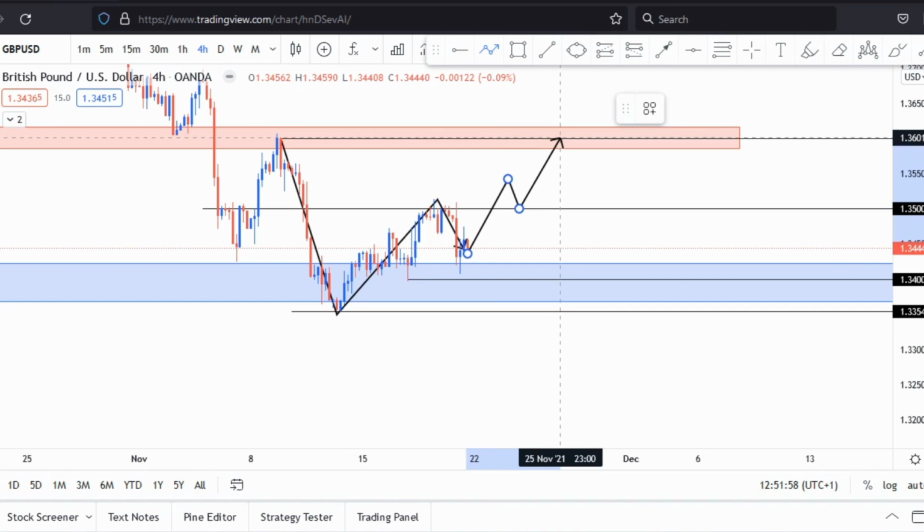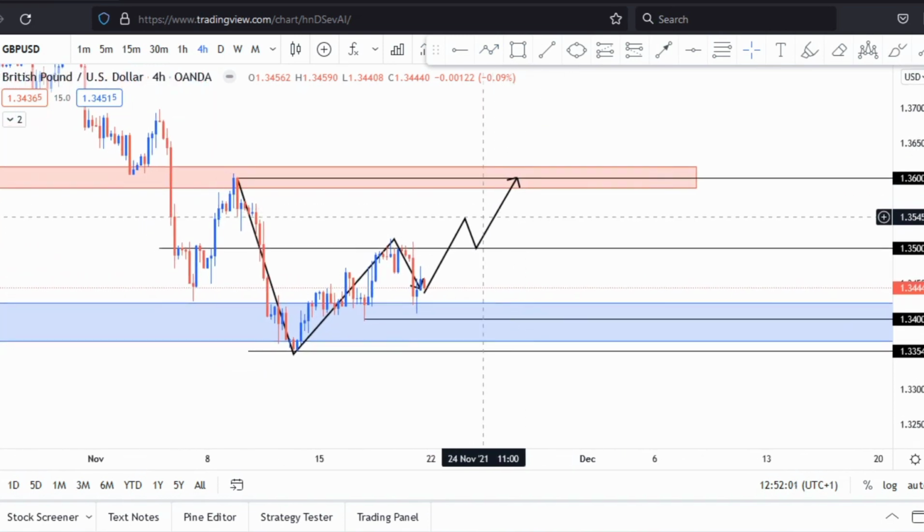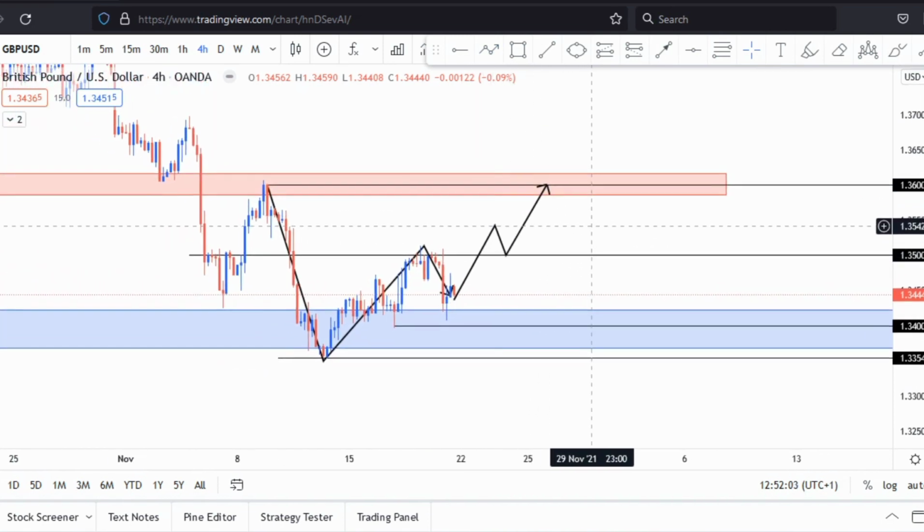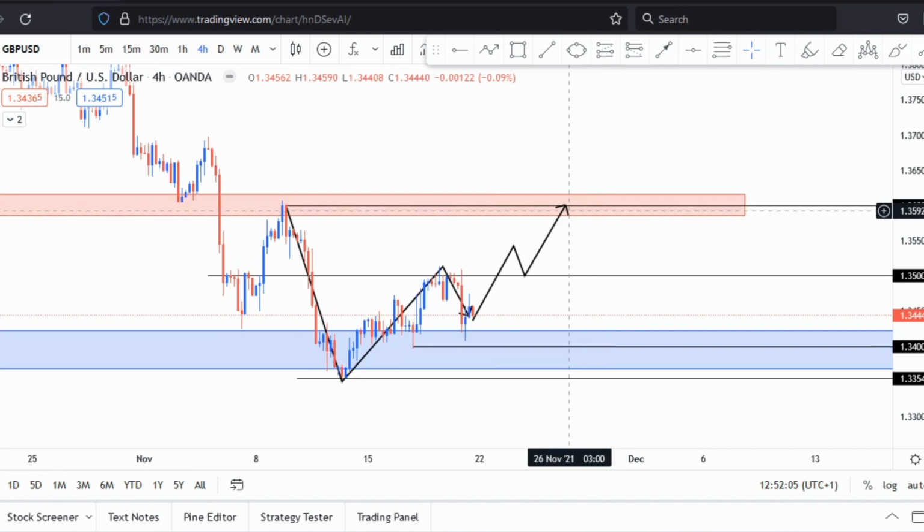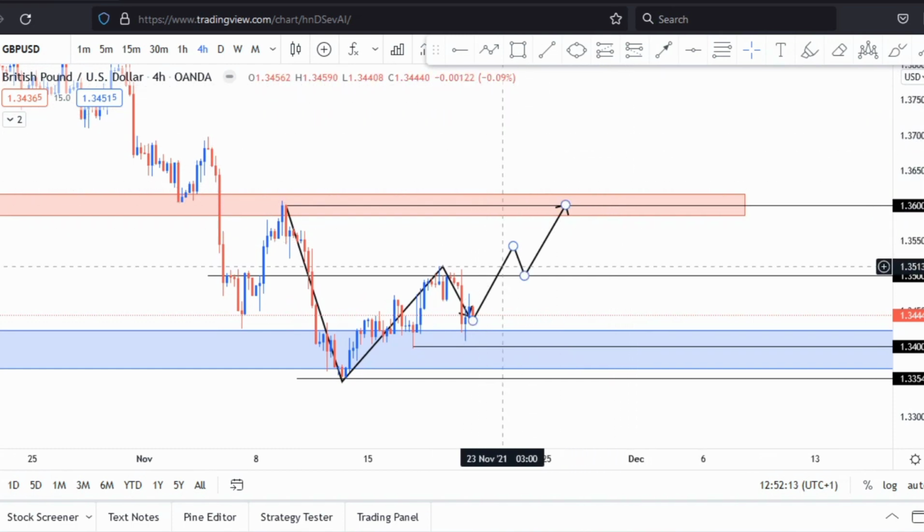So this move from the 1.35 to 1.36 level is about 100 pips, and that will be a very good trade to take. And if price also manages to break this level to the upside, then I'll wait for a retest and take my buy trades all the way to the top as well.